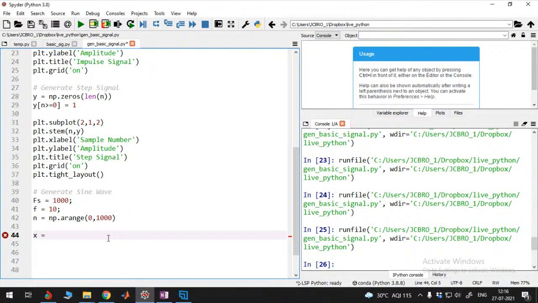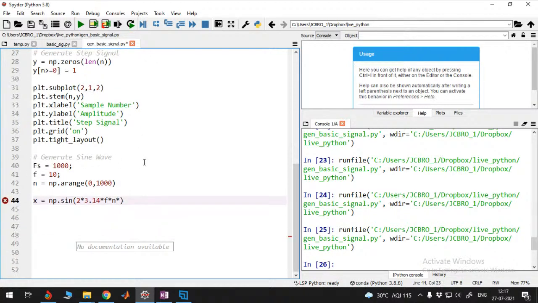So x equals np.sin(2 * 3.14 * f * n), and now we have to make it fs, so we'll write n by fs. Now it will become time. Instead of time, let's say we are just doing it for the sample index, right? It will be n by fs.